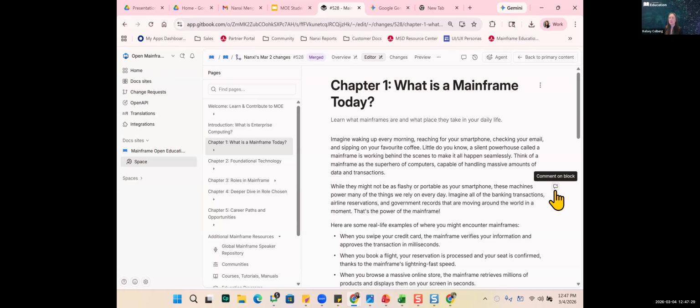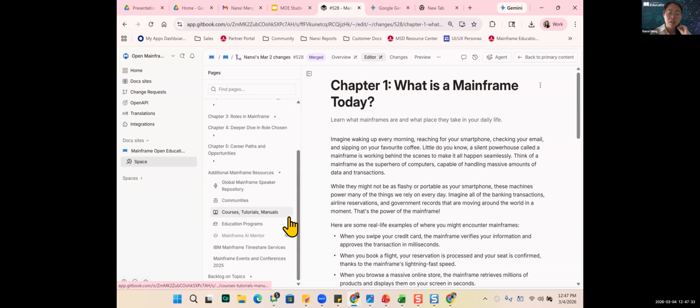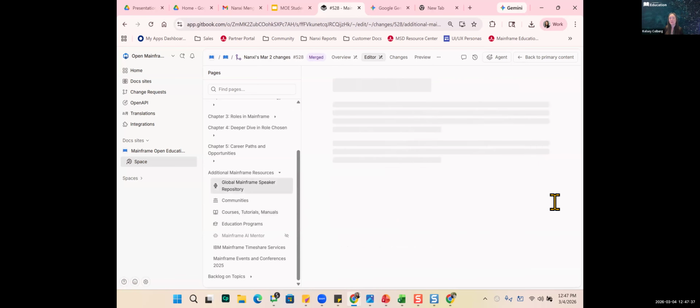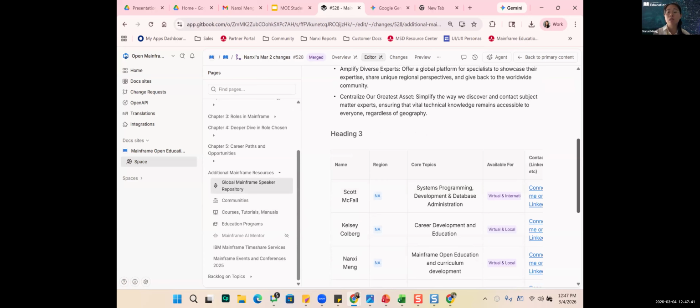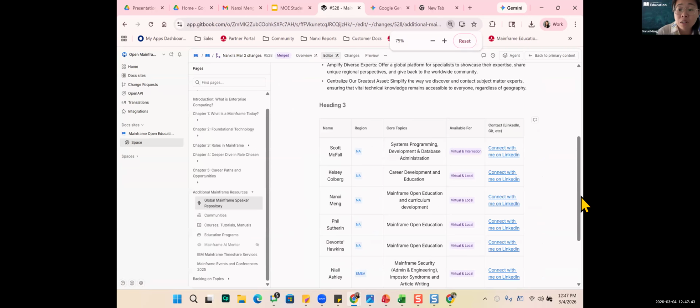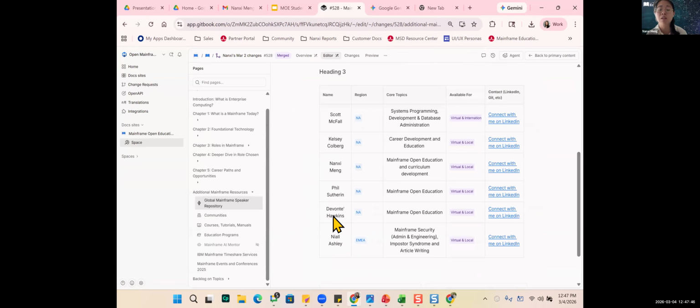And another thing, since we're here on this page, Kelsey, if you can click on that Global Mainframe Speaker Repository. Of course, we strongly recommend everybody here. You don't have to have 30-year plus experience to be a speaker. Everybody's journey matters, and we would love to surface that to the broader audience and have you connected with them.